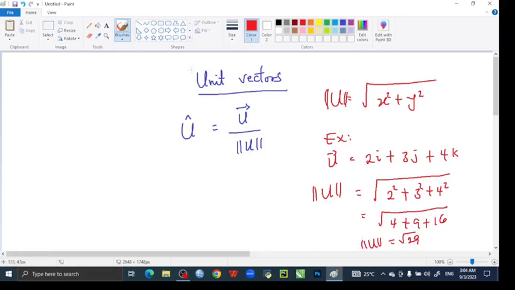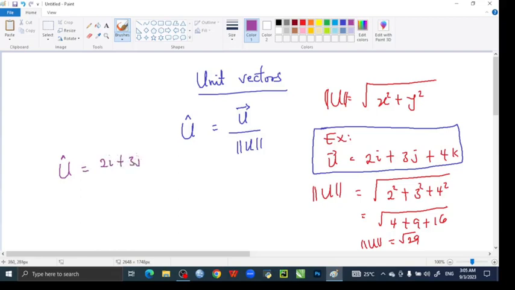But in the case you're asked to find the unit vector of this same example, my unit vector u cap will be given as my vector u, which is 2i plus 3j plus 4k, over root 29.